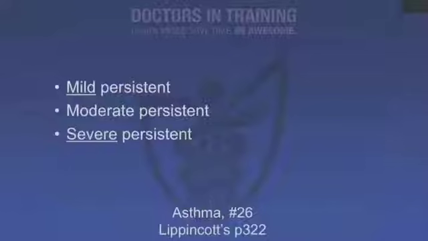So on that table, whether it's mild, moderate, or severe persistent asthma, all patients with persistent asthma need to be on a preventative medicine, and that preventative medicine is an inhaled corticosteroid. So that's the last component of that table. If you can understand which patients need the steroid medicines, which ones need the long-acting beta-2 agonists, and that all patients need the short-acting beta-2 agonists, you understand that table, and hopefully it'll stay in your mind a little bit longer.